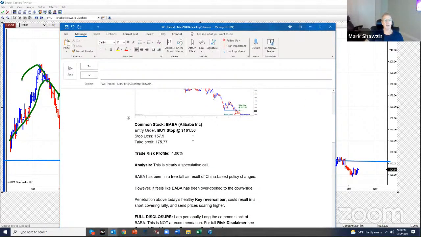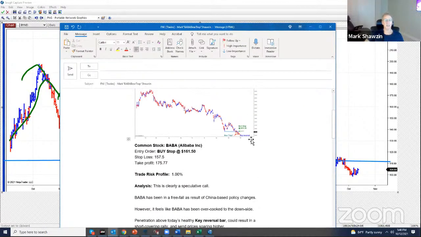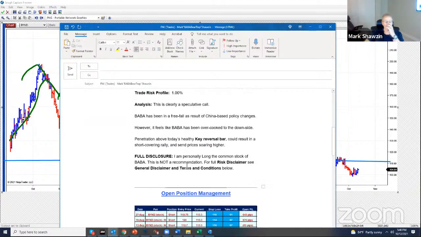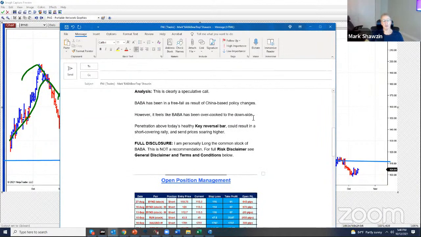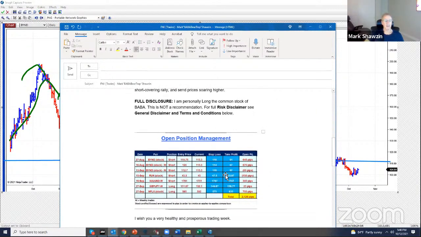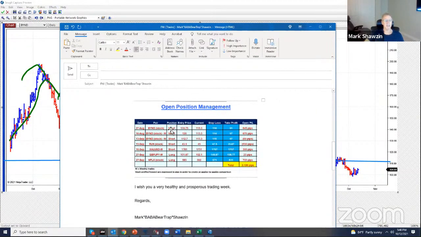This was in Alibaba, where I was already speculating that we might have a goose in the stock. Feels like Baba's been overcooked to the downside. And so this is the active open positions based on prior trade suggestions, the entry price, where it's currently trading, and then where the stop loss would be, where the take profit would be, and the open P&L.